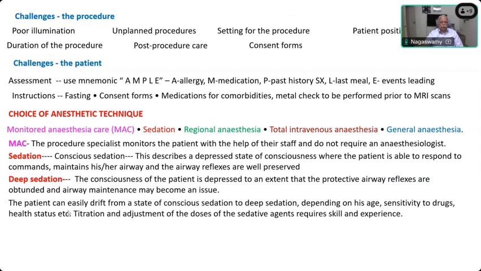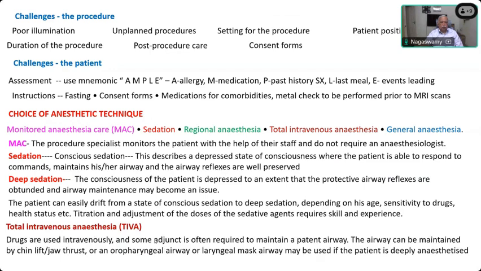And the patient can easily drift from the state of conscious sedation into deep sedation depending upon his age, sensitivity to drugs, health status, etc. So titration and adjustment of the drug dosage is very important and requires the skill and expertise of the anesthesiologist. Now, total intravenous anesthesia: the drugs used and some agents often require maintaining a patent airway.